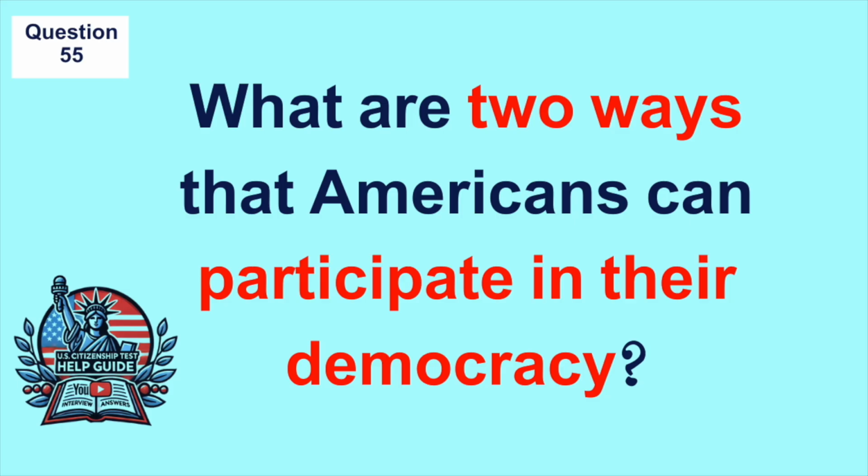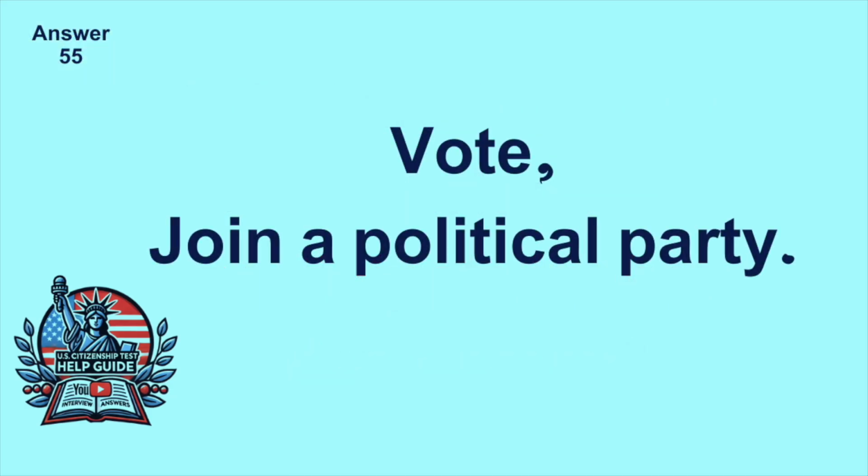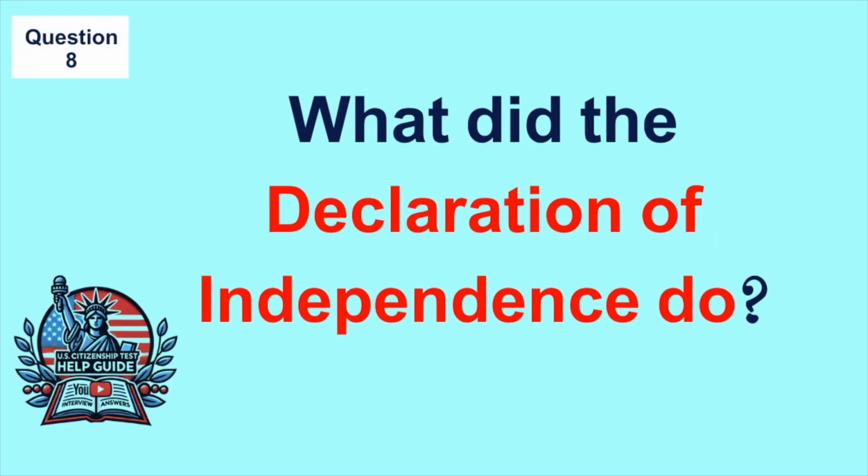What are two ways that Americans can participate in their democracy? Vote. Join a political party. What did the Declaration of Independence do?